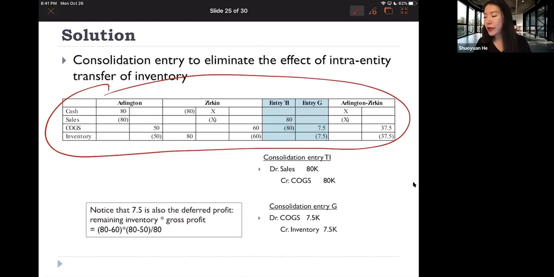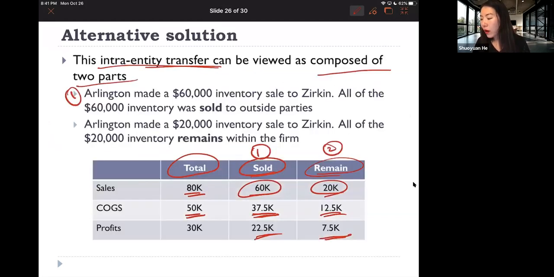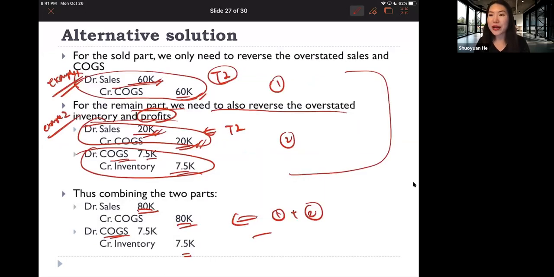You can either derive it yourself, write down the parent's journal entry and the subsidiary's journal entry, what it should be, and then figure out what consolidation entries we need to take in order to make it as if two firms is one firm. Or you can just do the shortcut way. The shortcut way is basically viewing it as a situation of all sold, where there's no profit that needs to be reversed.